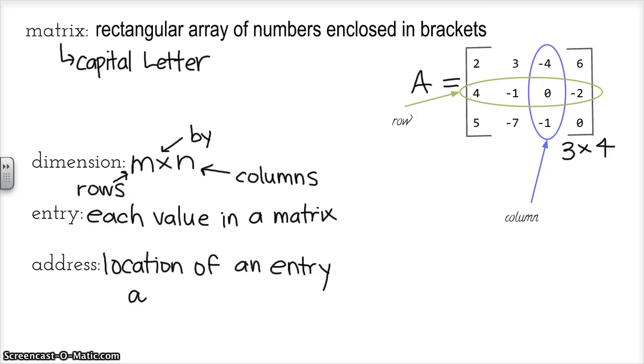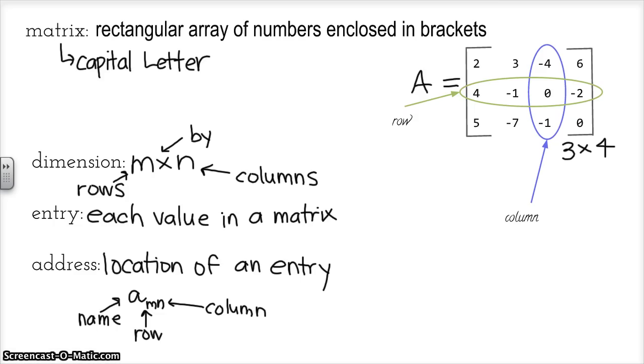The subscript is written as the row first, and then the column it lives in. The row and then the column. A lot of times, you may see m and n written as i and j, but here we're just going to call them m and n because we've decided that that's our letter for rows and our letter for columns. So this comes from the name. What row does it live in? What column does it live in?